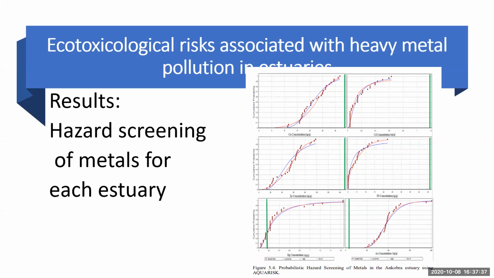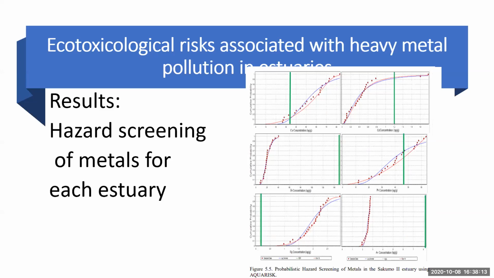For the Ankobra estuary, we realized that copper, cadmium, zinc, and lead were not of concern to the estuary or to the ecosystem. However, mercury and arsenic, as you can see below, actually fell within or even above the sediment quality guidelines, which tells us that these are metals of potential concern in this estuary.